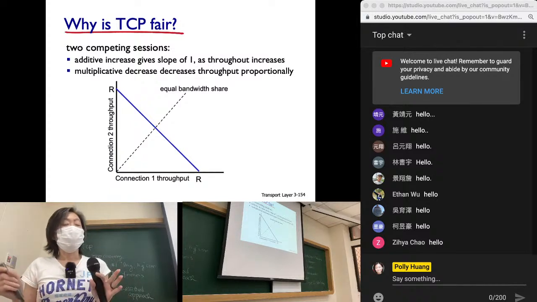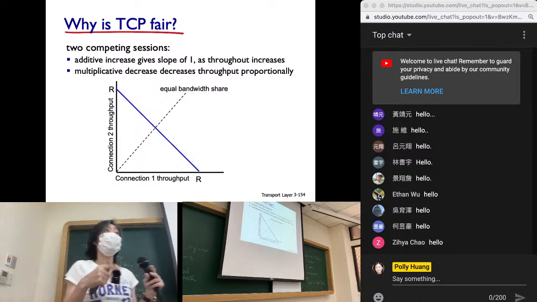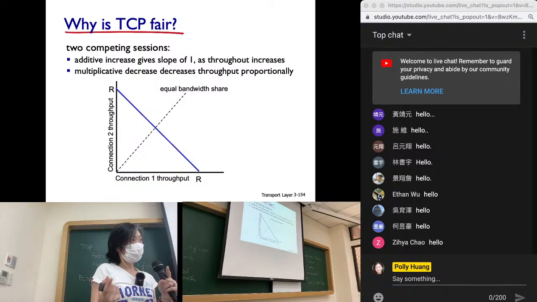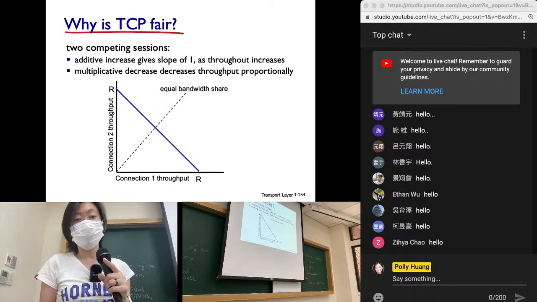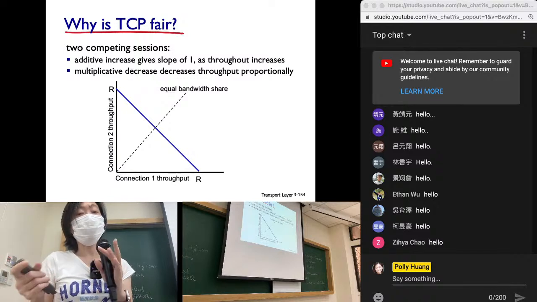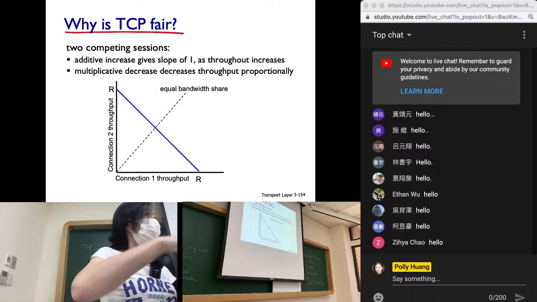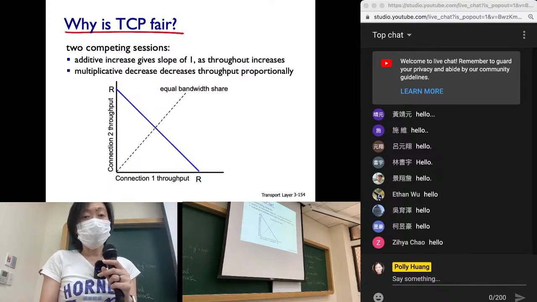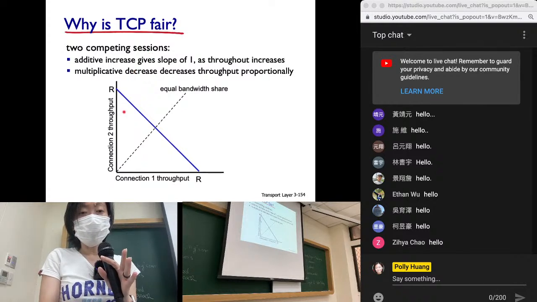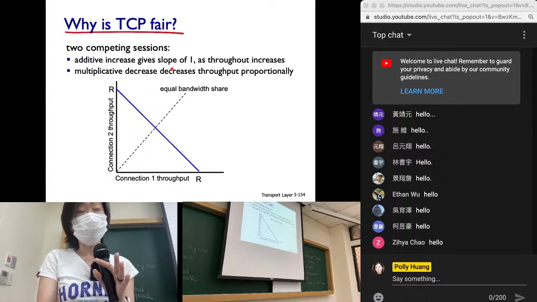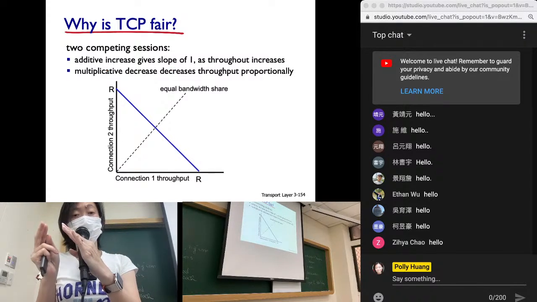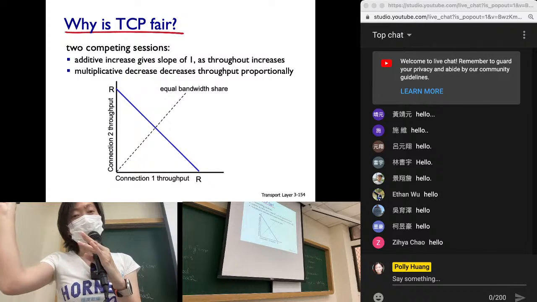Now, connection 1 and 2 can be starting at different points in time. Let's assume that connection 1 starts a little bit earlier, therefore having a higher throughput to begin with, and connection 2 slightly lower. But as these two sessions go on, when it's below the blue line, both of them will additively increase the window size, at the same pace. So the increasing trend will be what?